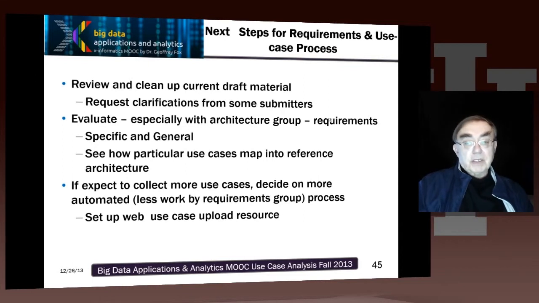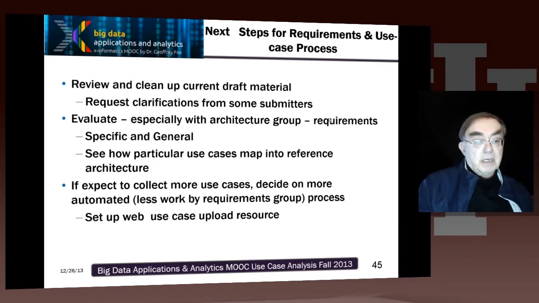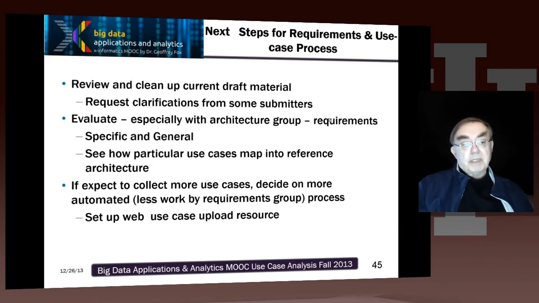This evaluation of the requirements, I think, will be done in version 2, not in version 1, because until we get a more thorough understanding of the reference architecture from specific examples, I don't think this makes sense. And it will take us a long time, of course, many months to do a good job on the mapping use cases to reference architecture and looking at the pluses and minuses of that.